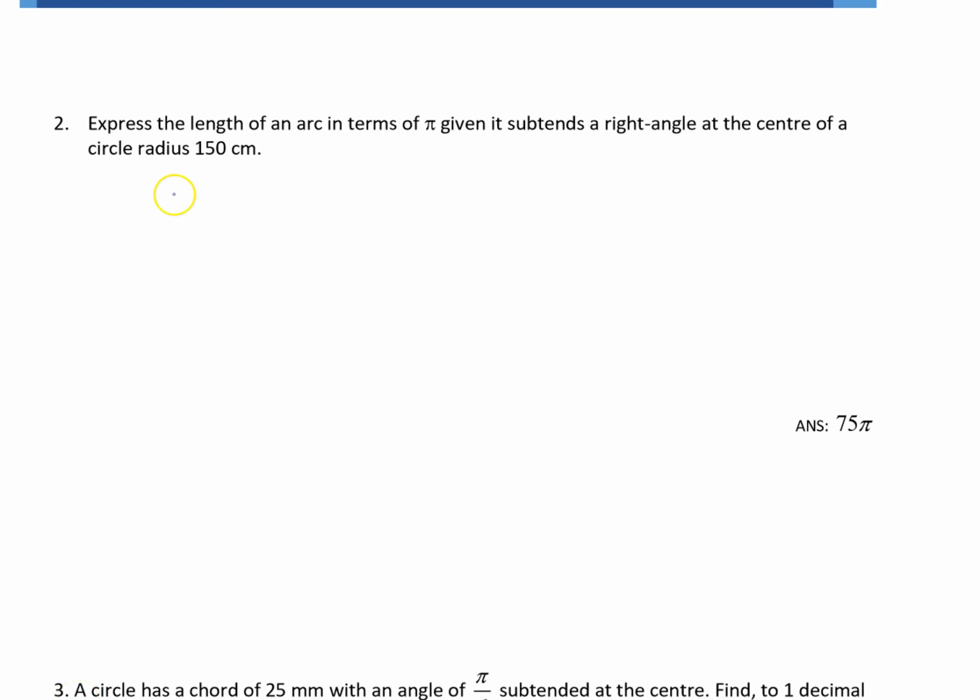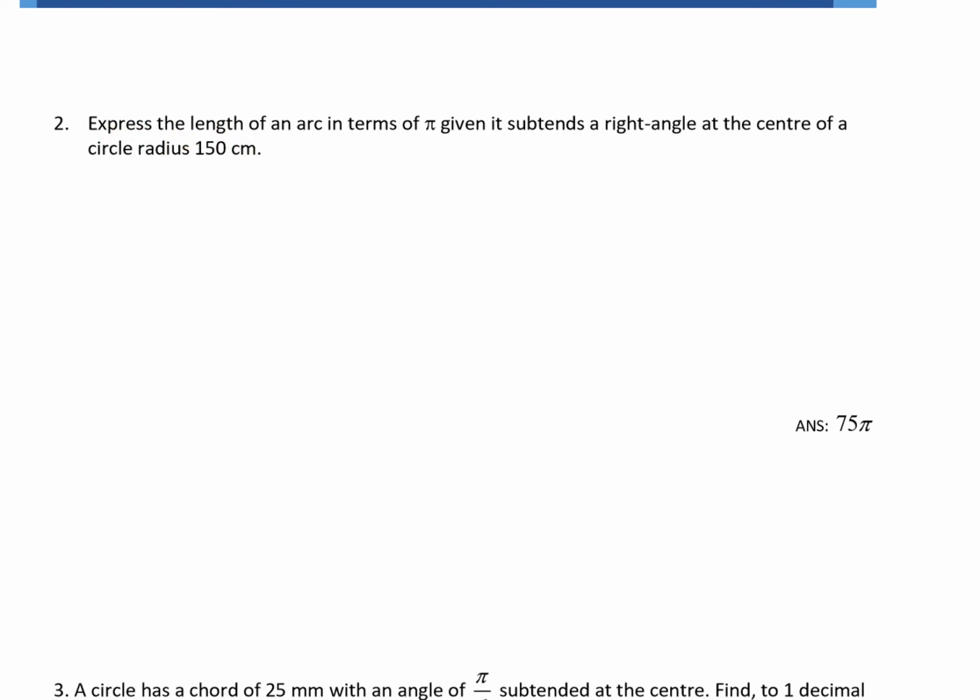Moving on to the second example, we're going to go through a similar process, read the question carefully, identifying the information that's given, and then actually writing that as the beginning of our solution. So express the length.